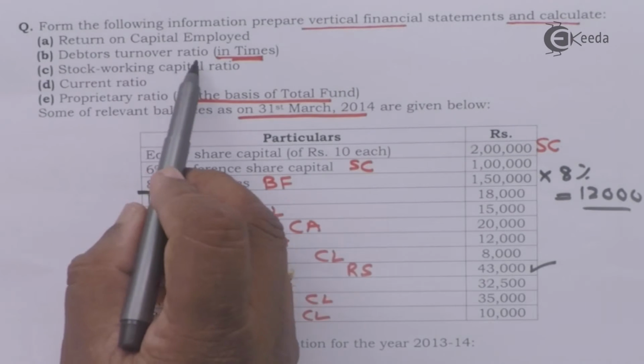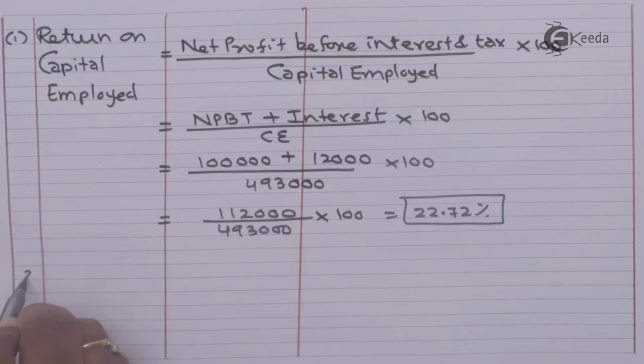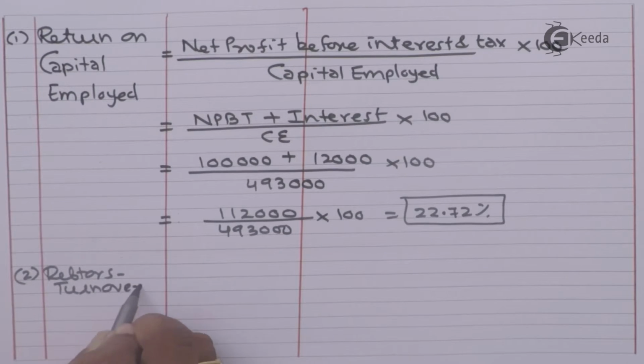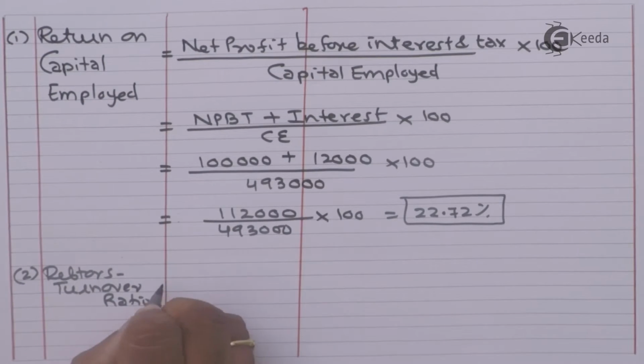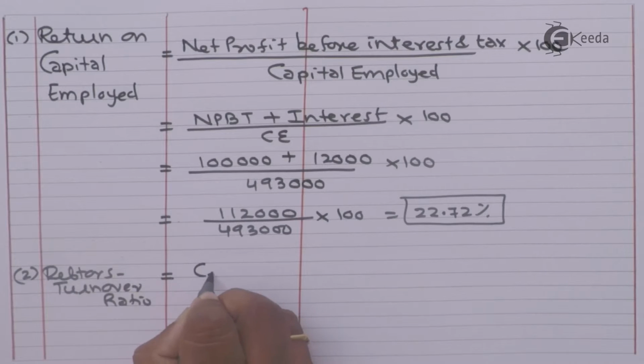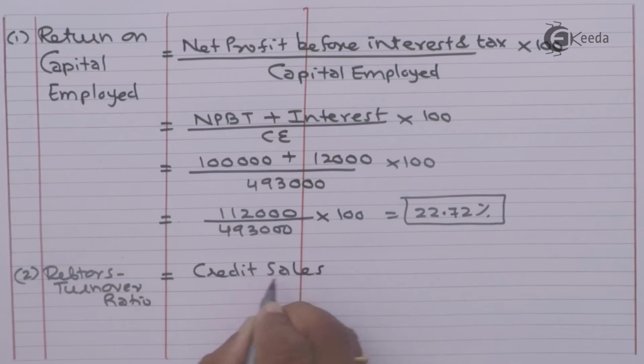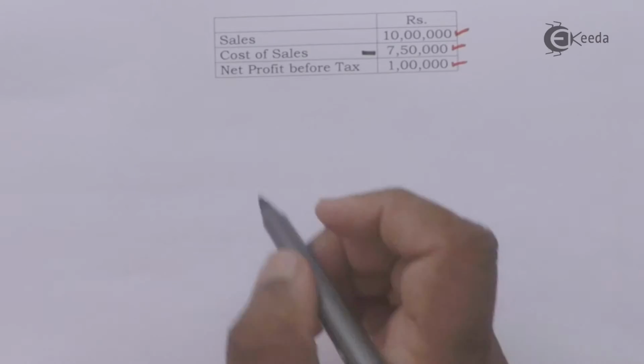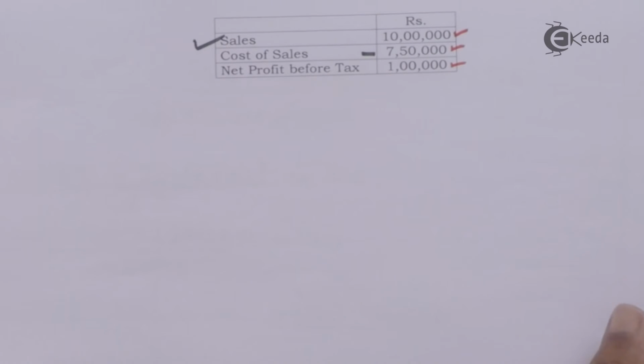Next we have debtors turnover ratio. Credit sales divided by debtors plus bills receivable. Sales we have here 10 lakhs, which will be presumed to be credit sales.